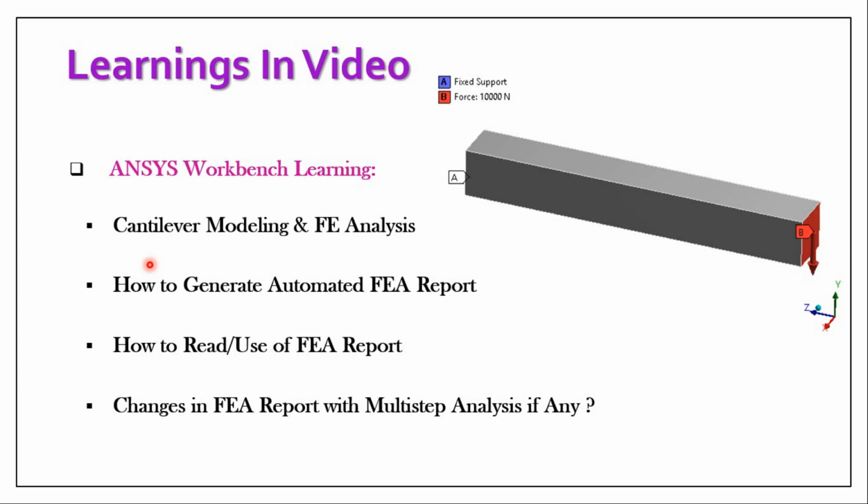We will perform the FEA simulation, and for this simulation we will study how to generate the automated FEA report, as well as how to read and use that report. And also we will see the changes in the FEA report with multi-step analysis, if any. So now we will move towards our ANSYS module and start our simulation.